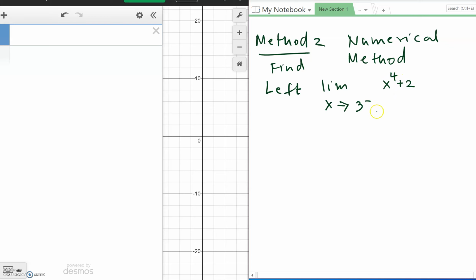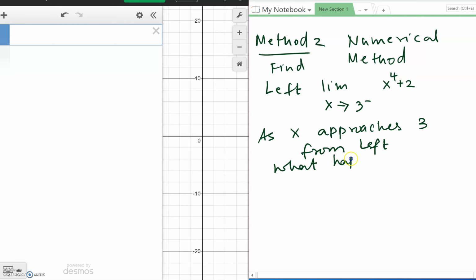The question here is, as x approaches 3 from the left, what happens to y? Here y, or f of x, is x power 4 plus 2.